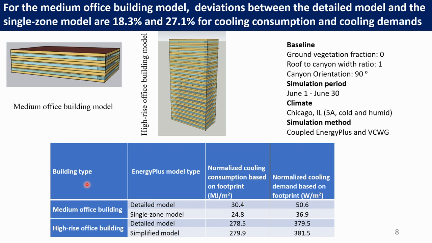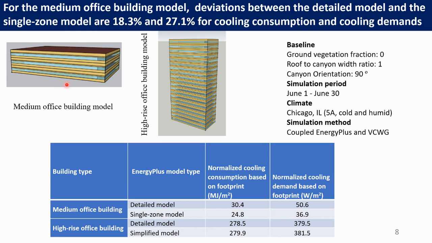One is again this medium office building model, and the other one is this tall building, which is a high-rise office building. It's 20 stories high. We built them from scratch, and those are our detailed models. At the same time, we also look into the simplified models.